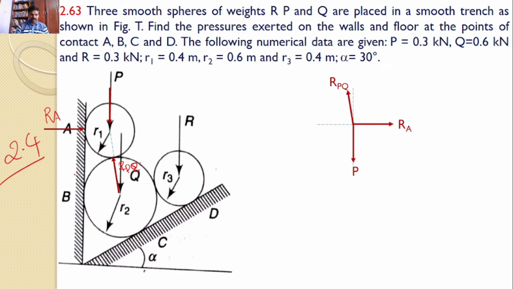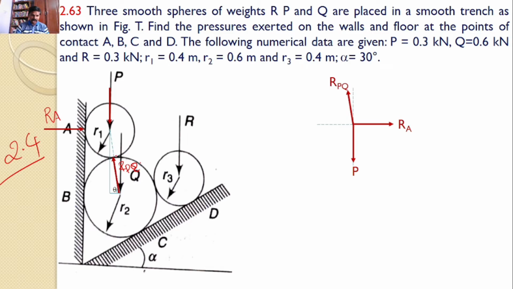I am constructing a small right angle triangle here. So I am first drawing a vertical line passing through the center of sphere P and another horizontal line passing through Q center line. Now I can see a right angle triangle here, that this line makes an angle theta with the horizontal.